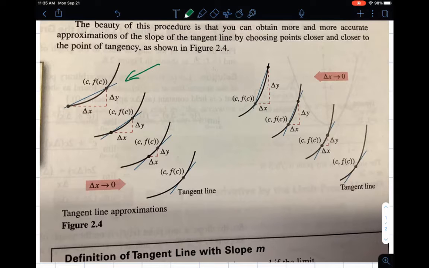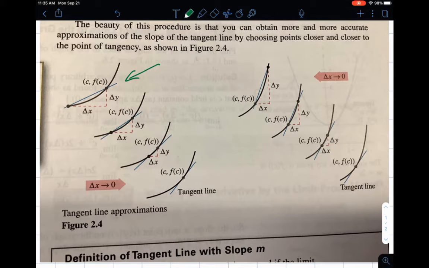We have these 2 points, they're far apart, okay? And we've drawn that secant line between them, okay? But if I watch, as I make that change in x smaller, what happens to the points over time? They're getting closer together, right? And so eventually, as that change in x is going to 0, we're going to end up getting our tangent line. Okay, so we're making our delta x arbitrarily small. The smaller we get, the closer we're getting to our tangent line.